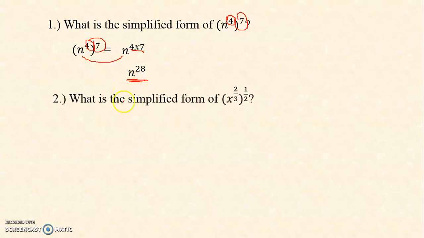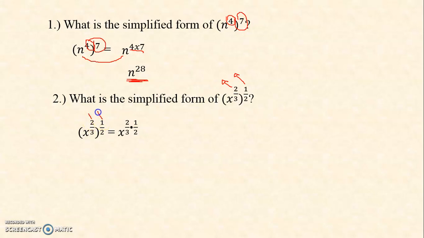Then we have here, what is the simplified form of (x^(2/3))^(1/2)? Try to observe. Our exponents here are a fraction, 2/3, and another fraction, 1/2. So let us first copy the given: x raised to 2/3 raised to 1/2.